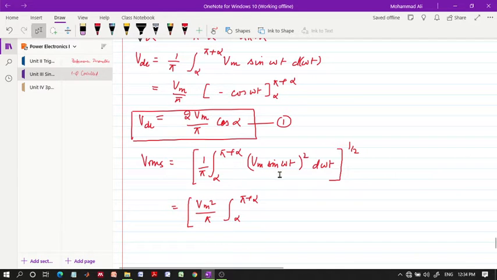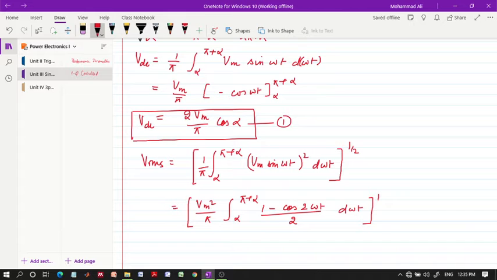This will become sine square of omega t. In order to integrate the value of sine square, it will be difficult, so we will just convert it by using a trigonometric equation, and we can replace it like this: 1 minus cosine of twice of omega t divided by 2, d omega t.